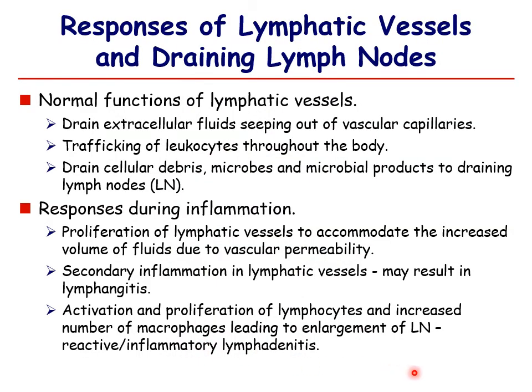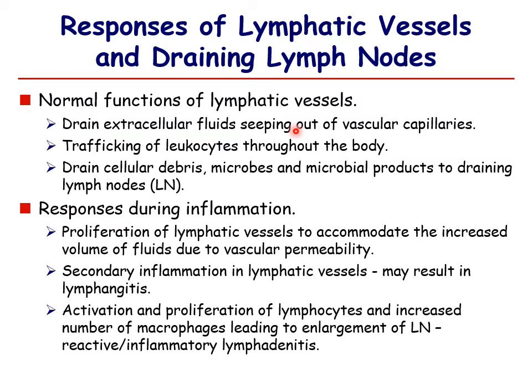Now we have to remember that while the blood vessels undergo these changes during acute inflammation, there are also changes taking place in lymphatic vessels. To review the normal functions of lymphatic vessels: first, they are involved in draining extracellular fluids seeping out of the vascular capillaries.